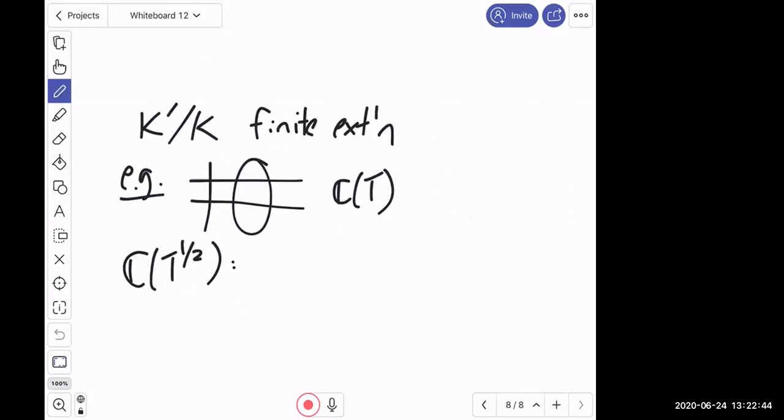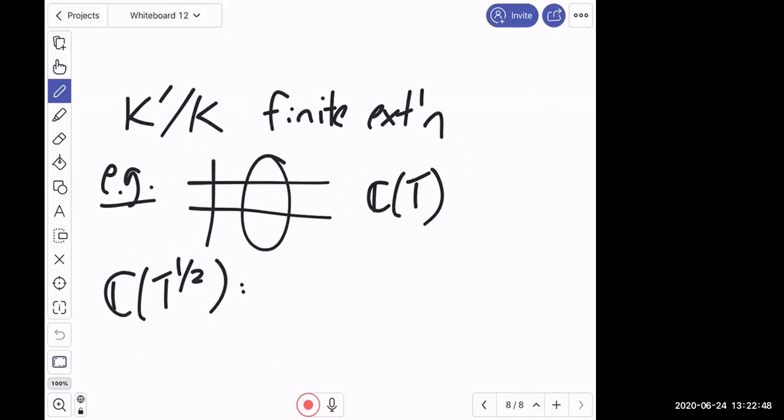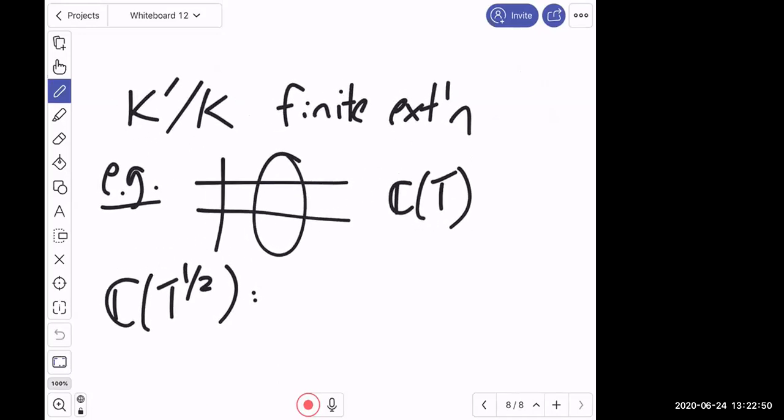Well, this model is no longer regular, basically because things that used to look like xy equals t, or xy equals u, now look like xy equals u squared, or xy equals t to the 1/2. And so you have to make some blowup.